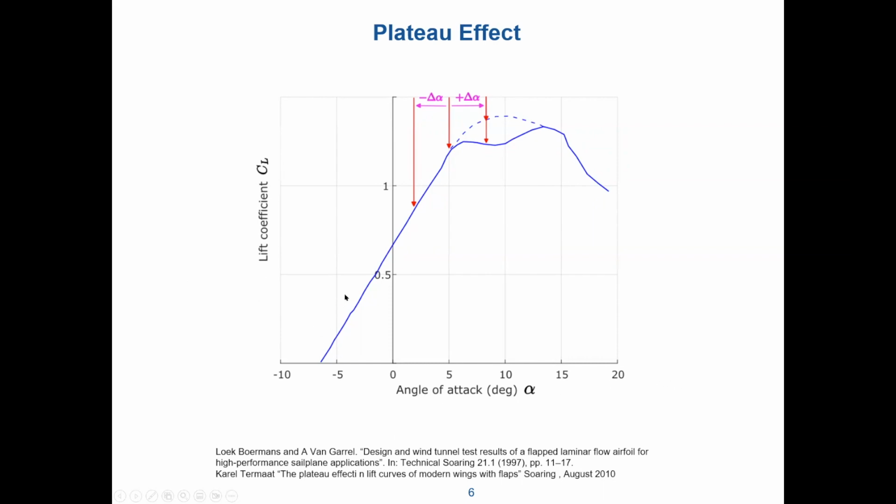The larger the angle of attack, to a certain extent, the larger the lift coefficient, and the better the glider climbs. Usually you go close to this point here because there's the maximum climb rate within safety limits.